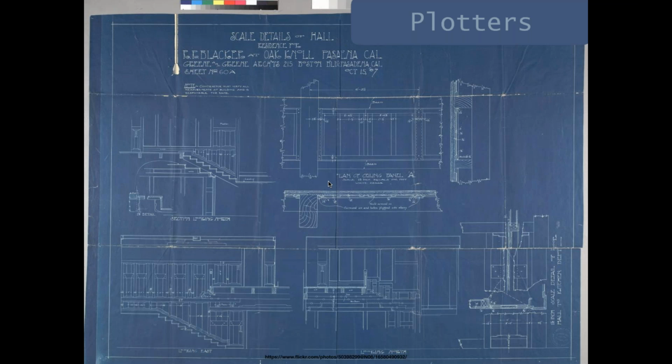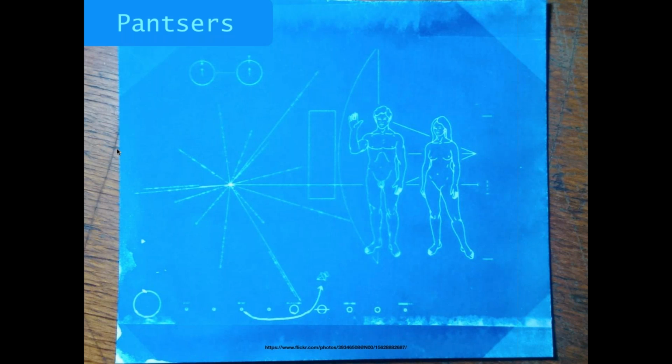So that's plotters. Let's talk about pantsers. Now, pantsers, as you might imagine, fly by the seat of their pants when they write a story. They start off with no more than a kernel of an idea or a first sentence or character, and away they go.